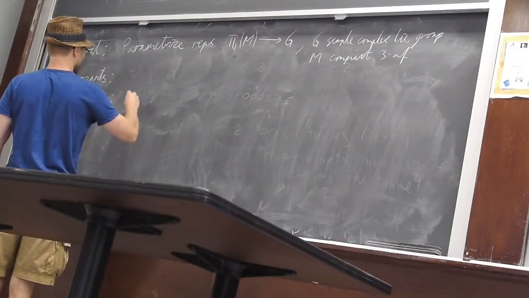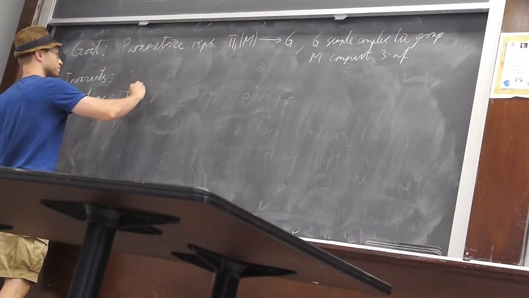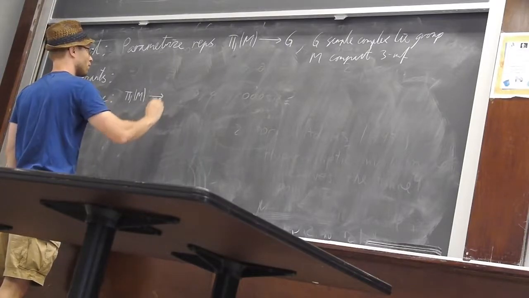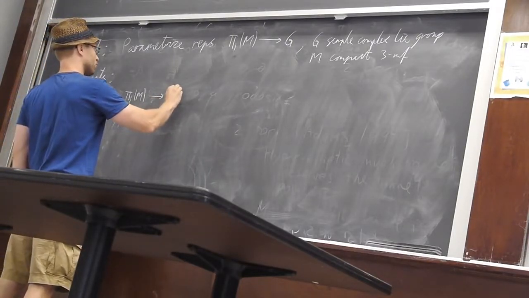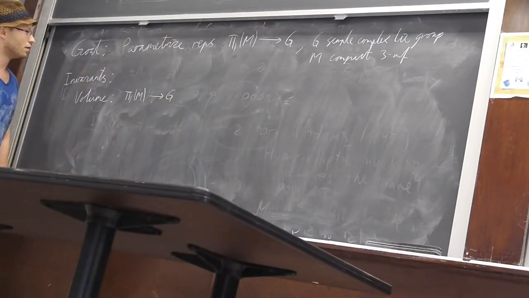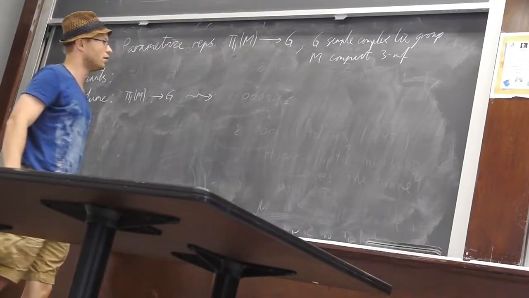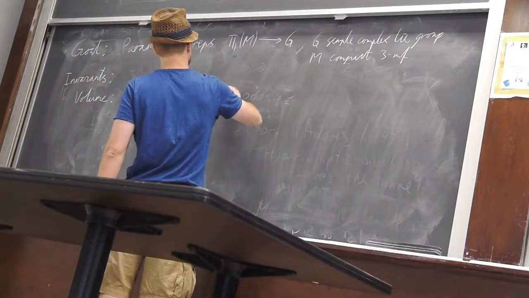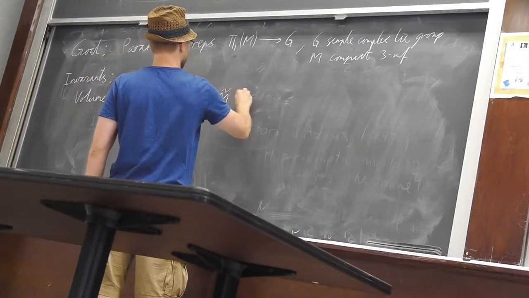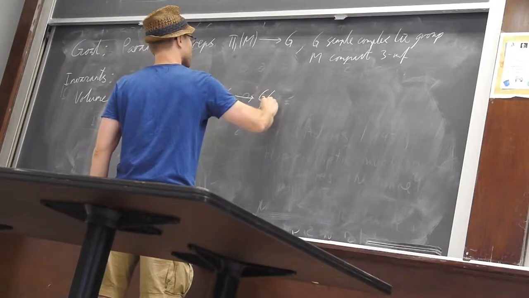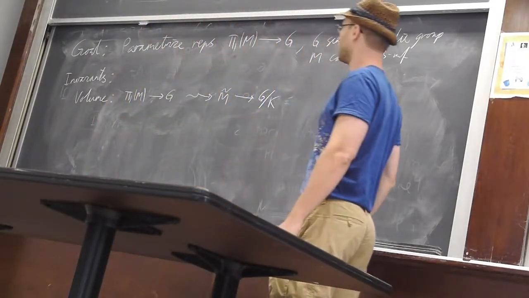You have a representation into G. Such a representation has a developing map from the universal cover of M into G mod K, where K is the maximal compact subgroup.